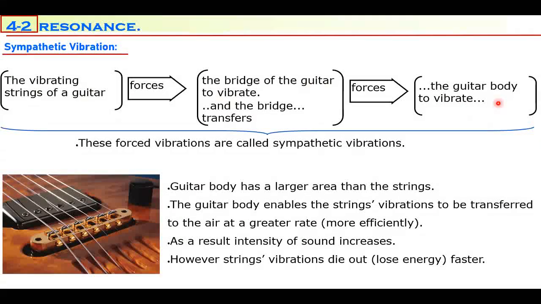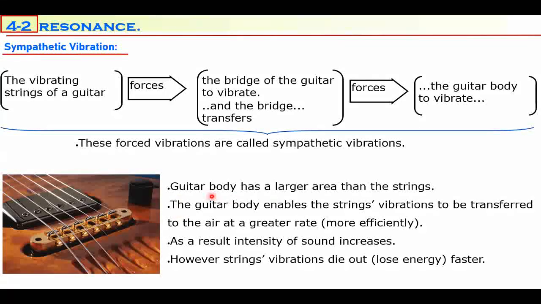This is called sympathetic vibration. This chain of forced vibrations is called sympathetic vibrations. In fact, they are a kind of forced vibration. The string vibrates the bridge, the bridge vibrates the body. The body transfers the vibration to the air as a sound, as an intense sound.